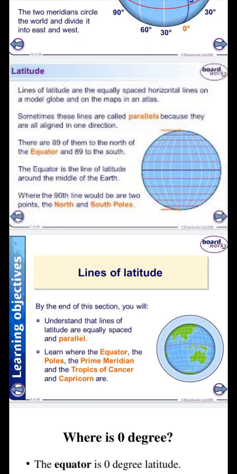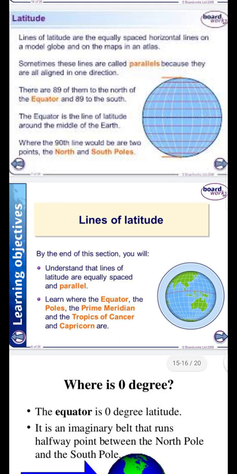There are 89 of them north of the equator and 89 to the south. The equator is the line of latitude around the middle of the earth, where 90 degrees would be at 2 points, the North and South Pole.